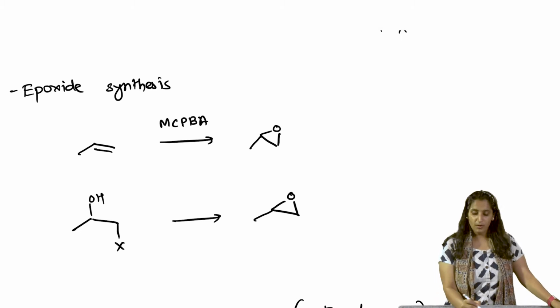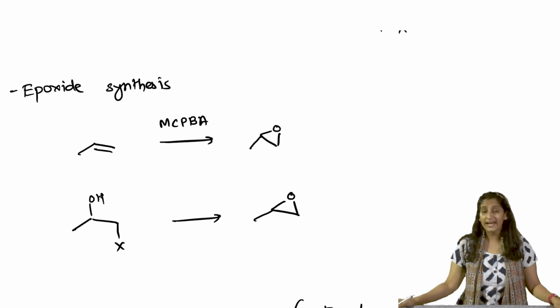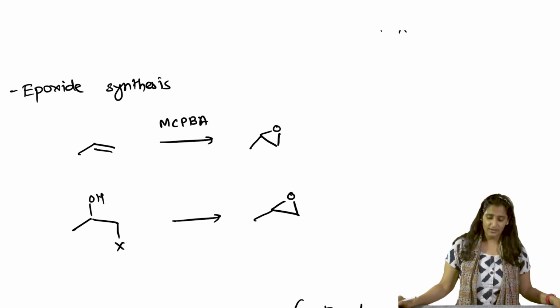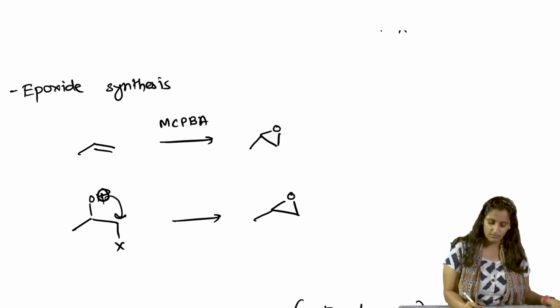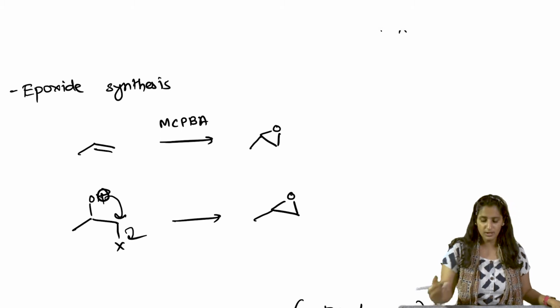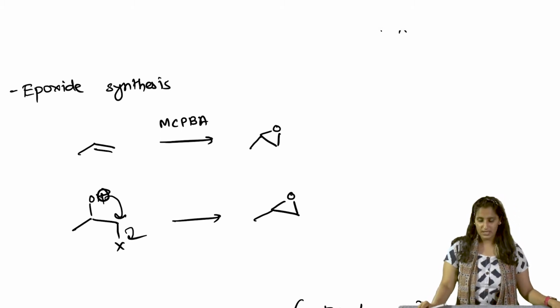You can also form an epoxide wherein you start from a halohydrin, and if it is a trans halohydrin, what you can do is you can start with the oxygen anion and then do an SN2 type of reaction to form that epoxide.